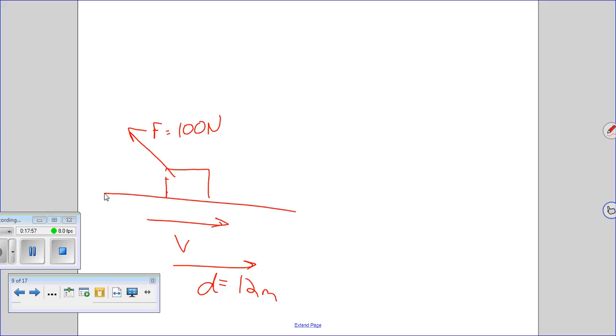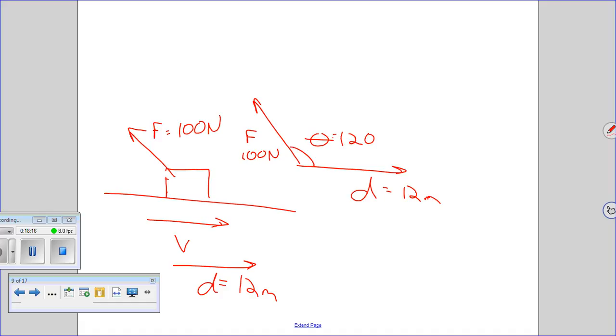Well, the angle between D and F is more than 90 degrees, right? So here's my D, here's my F. So let's have this angle be, I don't know, let's do 120 degrees, say. Okay. So if you wanted to find the work done, you would do F D cosine theta. So check it out.